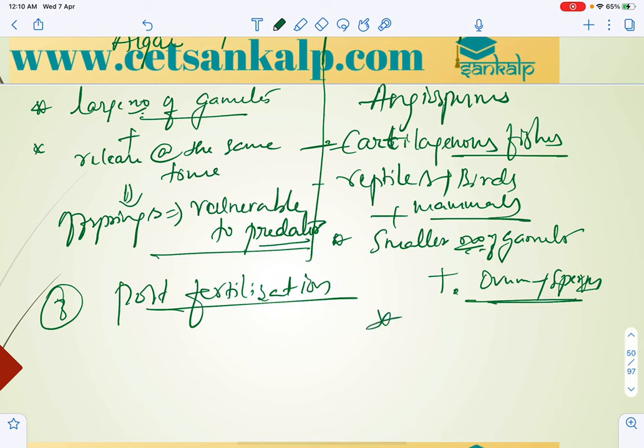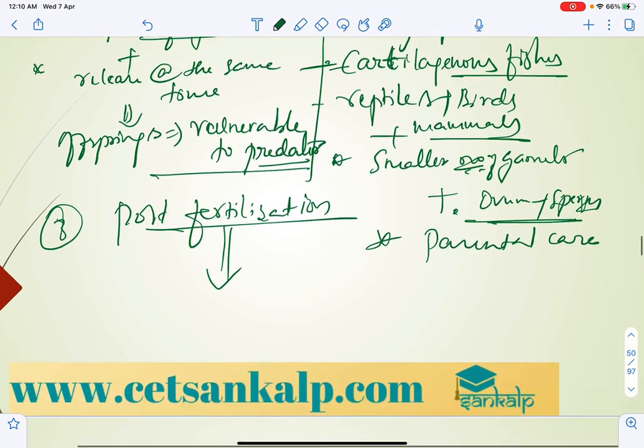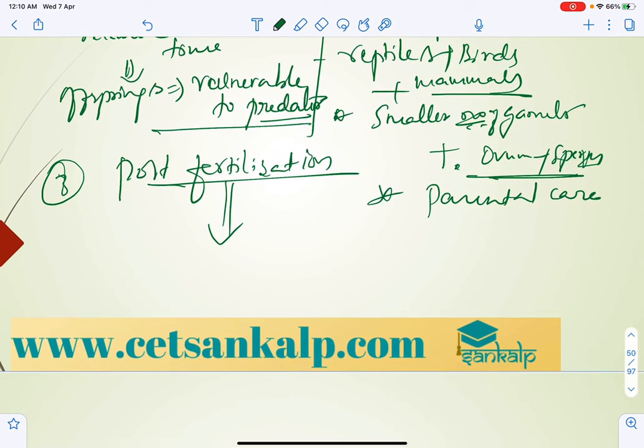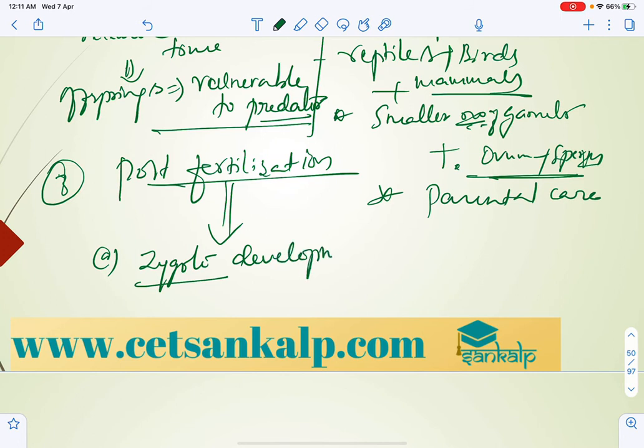Here it is not like that. There will be parental care up to a certain age. Post-fertilization, as we all know, includes the development of the zygote and embryogenesis after fertilization. The zygote development, as I already mentioned, may be haploid development or diploid development.